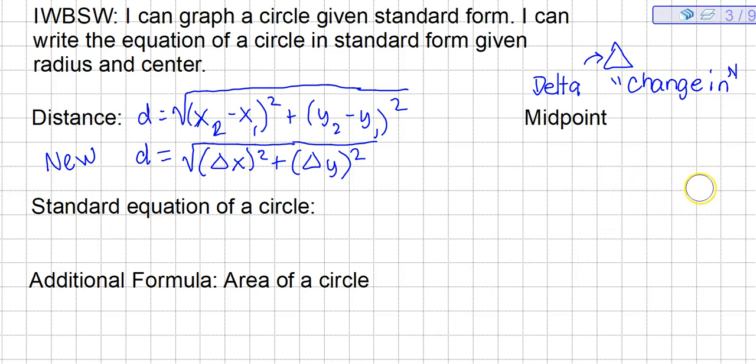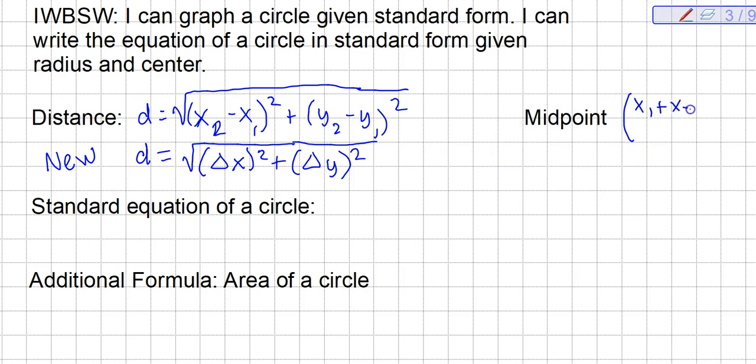All right. The second formula, midpoint, is another helpful tool. The formula that you will need: midpoint is x sub 1 plus x sub 2 over 2, y sub 1 plus y sub 2 over 2. Is that a change or a sum?